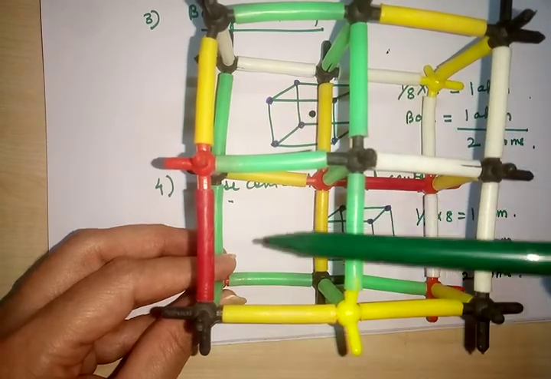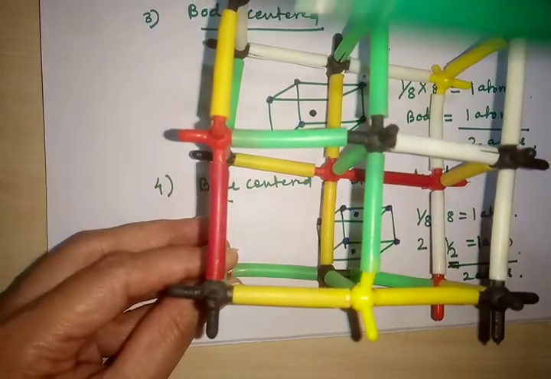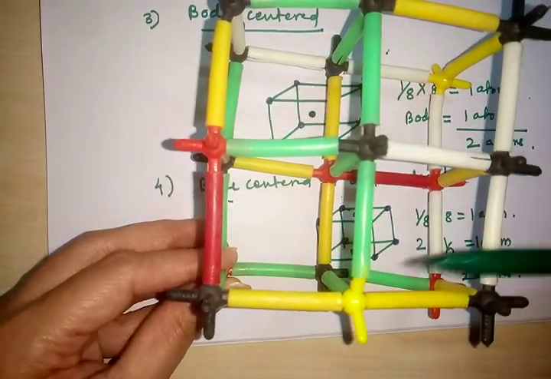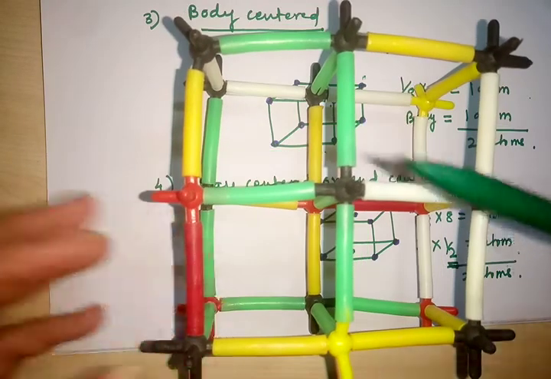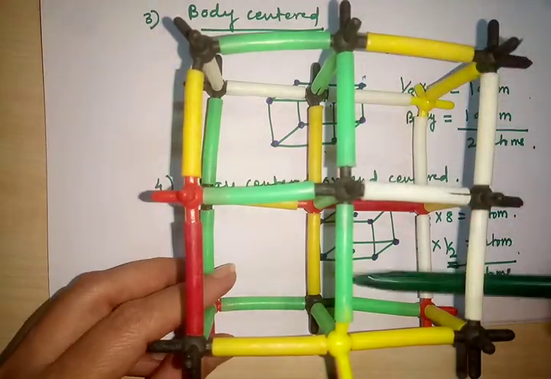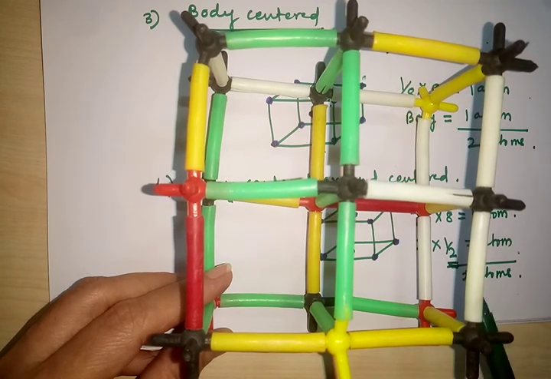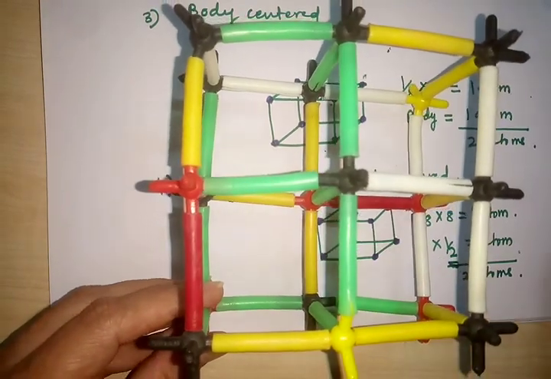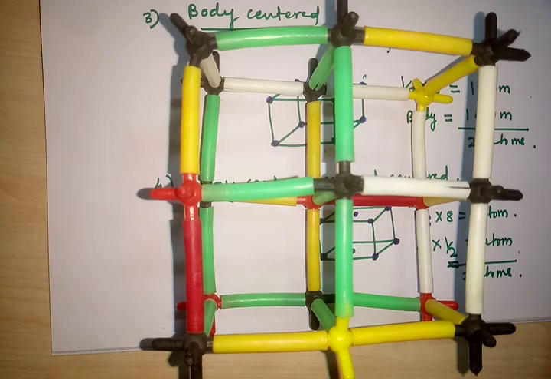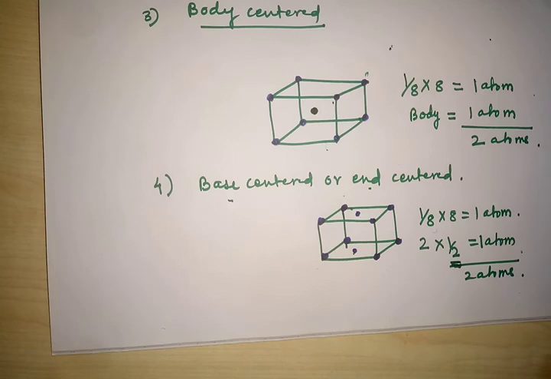This is 1, 2, 3, 4, and 4 can be down over here, 4 can be up over here. You can stack the same unit to an infinite range, isn't it? So this is the cubic. Now here you can see 1, 2, 3, 4 faces, 5 and the 6th one. You have seen the cube and you know that a cube has 6 faces. So this is about the unit cell and the different types of unit cell. Thank you.